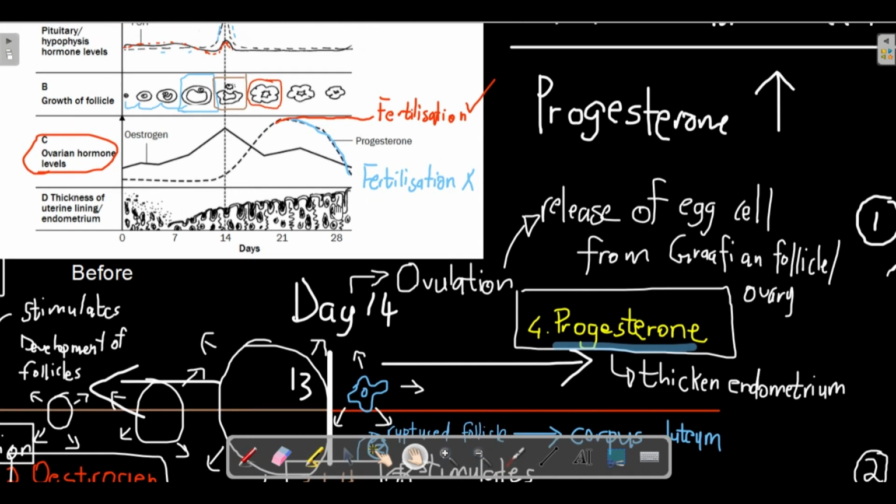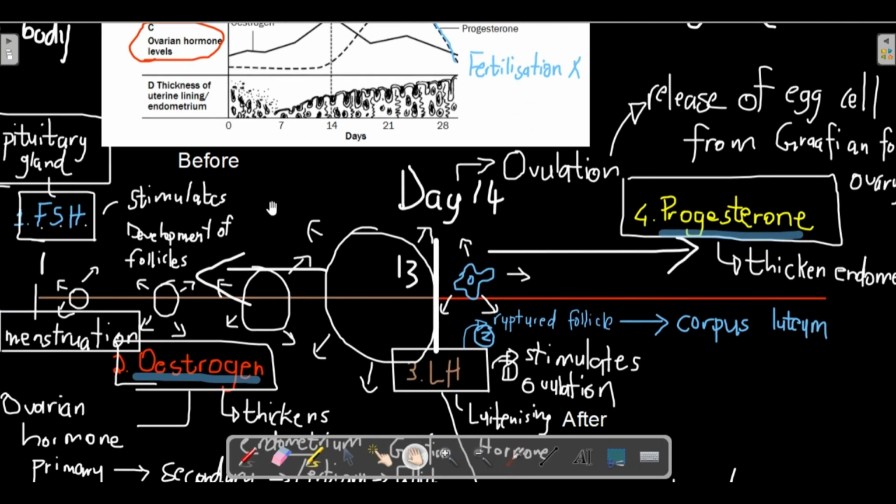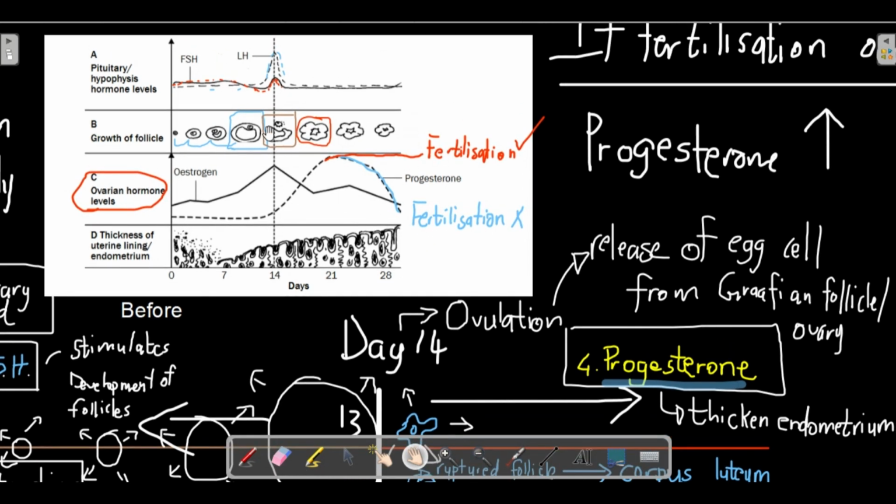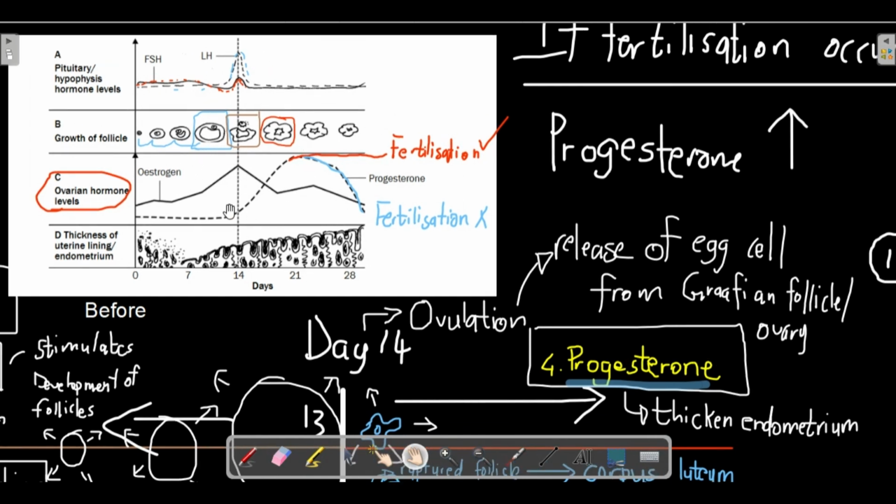Then after day 14 follicles are ruptured, they are disintegrated and hence the levels of estrogen decrease while the progesterone increases because now you have converted these follicles into corpus luteum. So that's why progesterone will increase after day 14 when the corpus luteum is present.